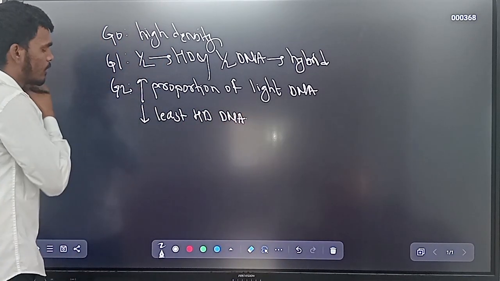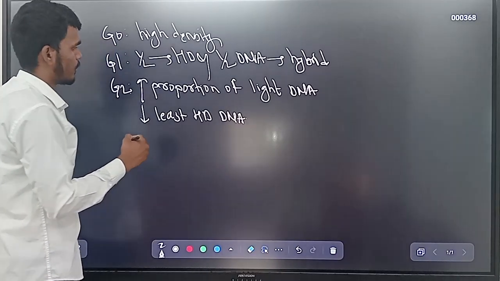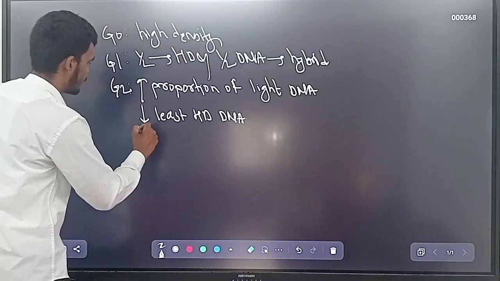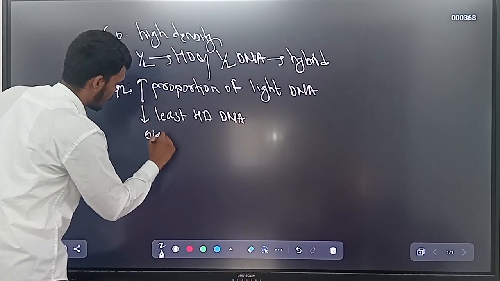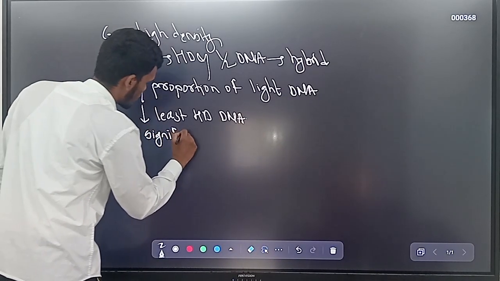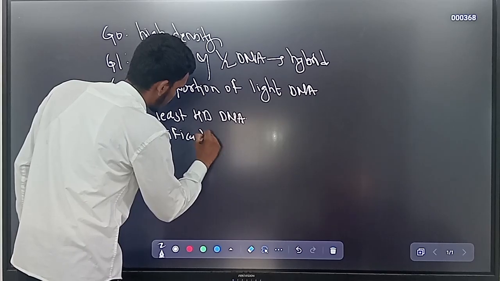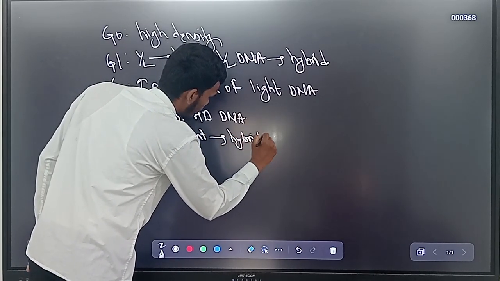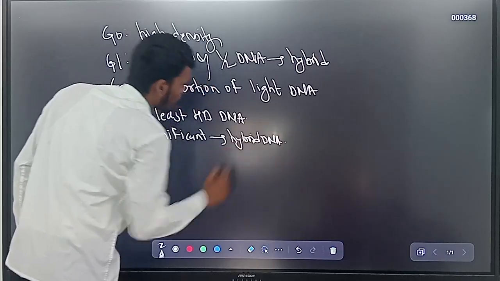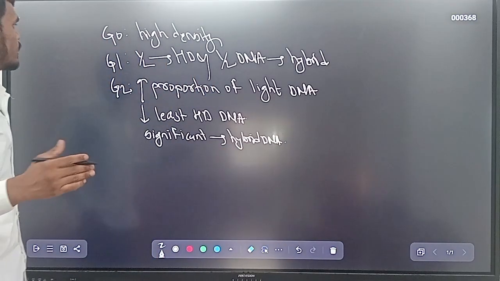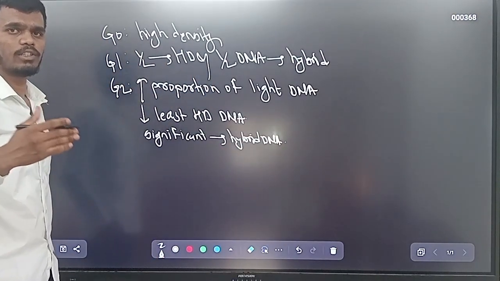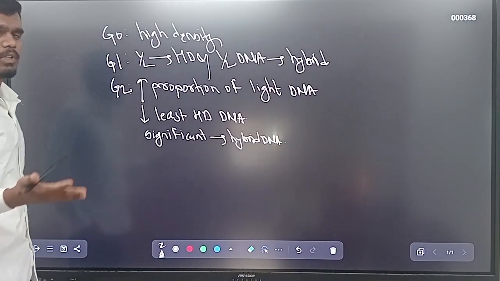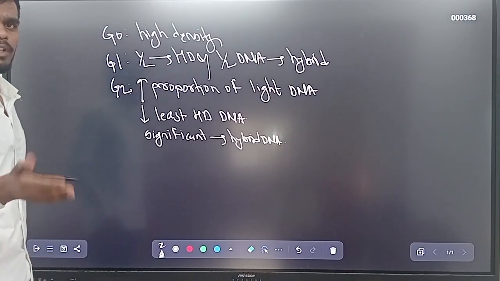So what will happen in G0, G1 and G2? In G1 there will be high density DNA. It will be analyzed through the centrifugation process. Half of the DNA in G1 was of high density and half of the DNA was of hybrid density, or in between, because it was a combination of nitrogen 14 and nitrogen 15 containing DNA.